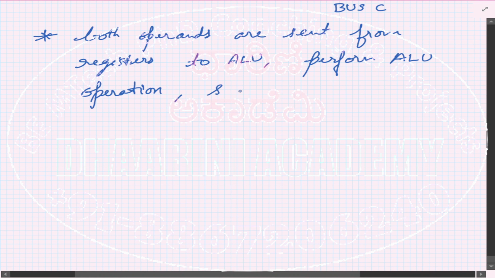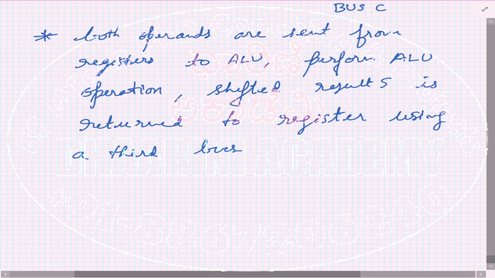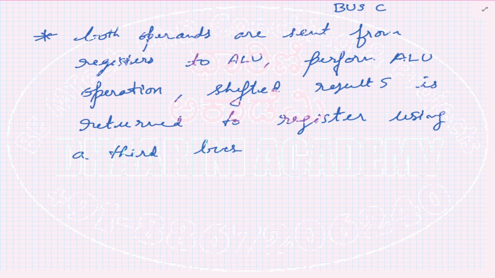Operation, comma, shifted result S is returned to the register using a third bus, right? What is important? Everything happens simultaneously. We just have to remember that this is how it's happening. Everything will run simultaneously. So that's the importance of three bus architecture.